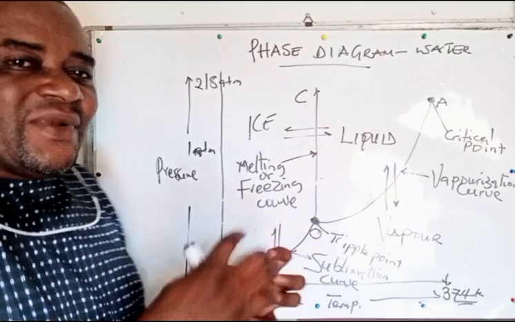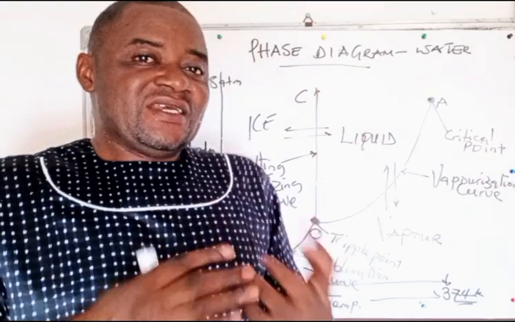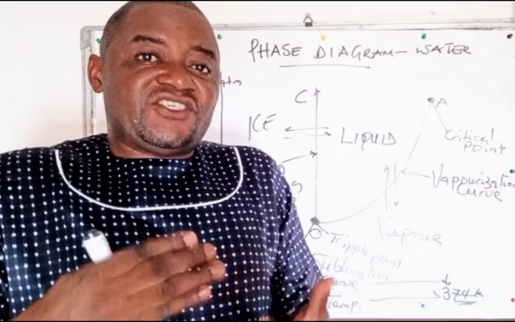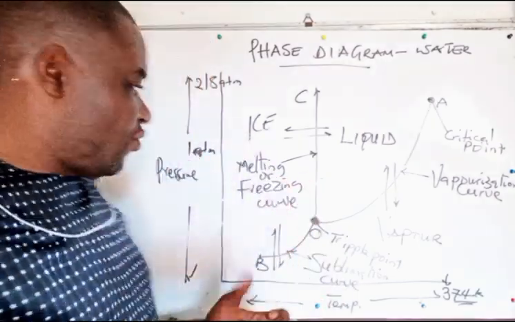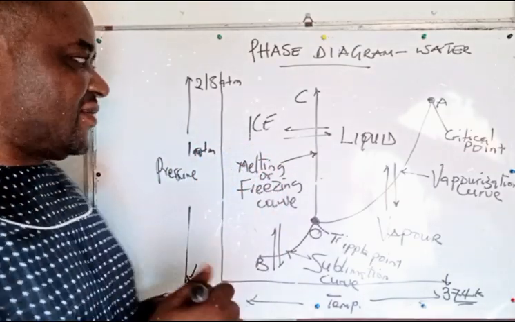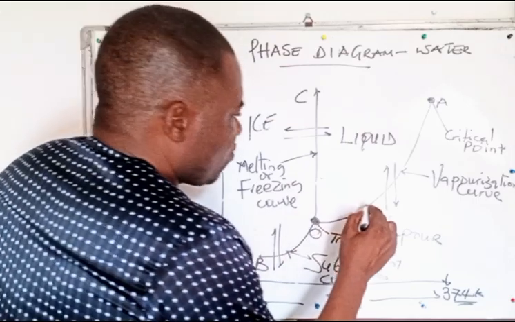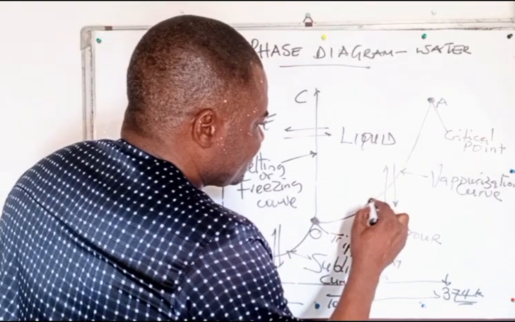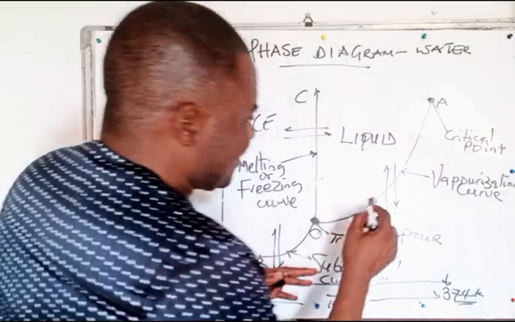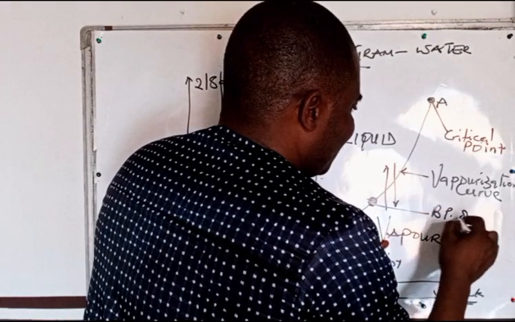So everything that plays around the phase diagram of water, the changes in the physical states of matter in terms of water, relies on what you do with the temperature and the pressure. But very interestingly, at this point we have here, we can describe this point also as our boiling point of water.